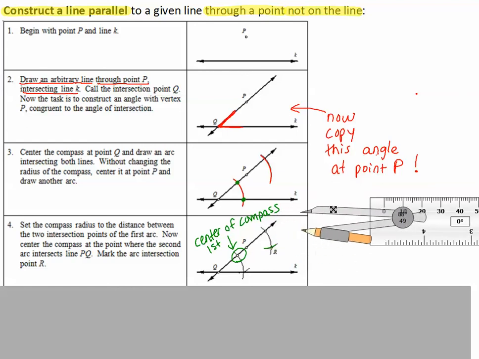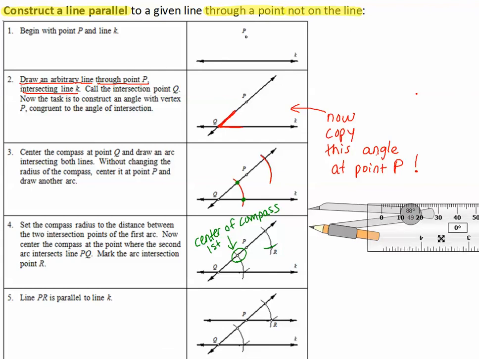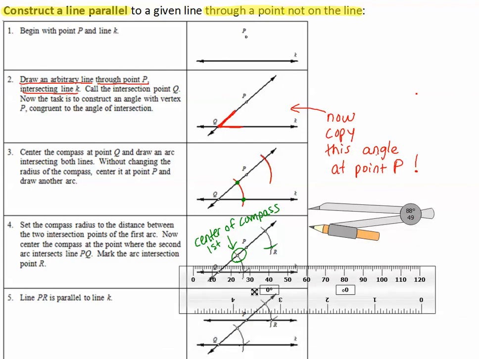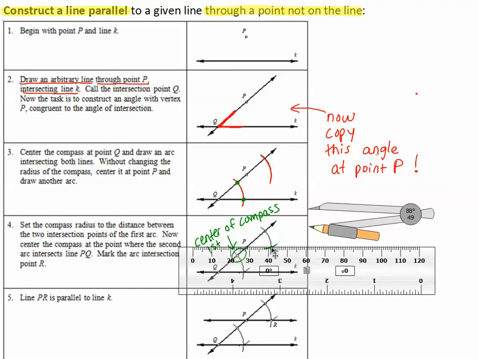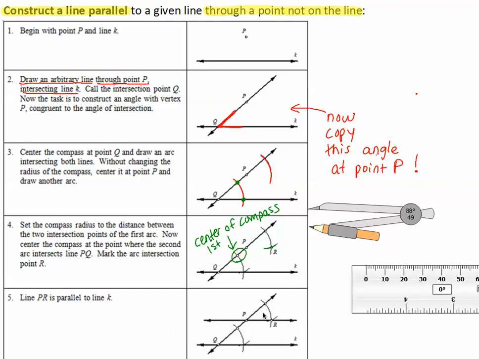Draw that little arc, and then we can see where it crosses. Finally, it's just a matter of drawing that line that will be parallel. So now we get our straight edge and pull it over and connect where we have our little intersection from that point. And notice you have two congruent angles, but the real goal here, we have two parallel lines.